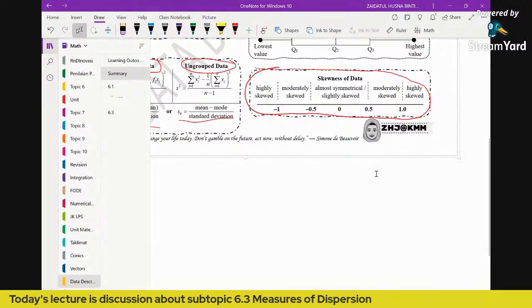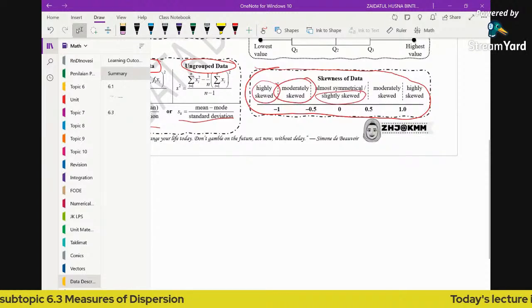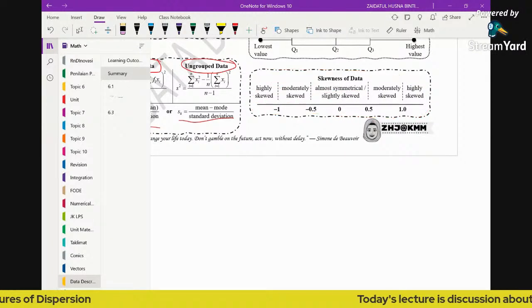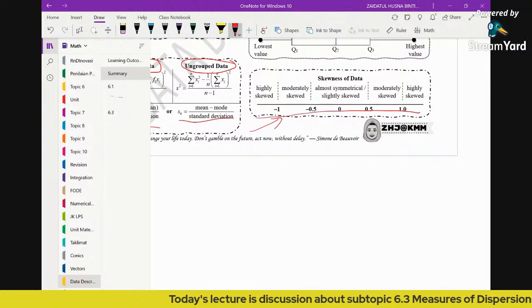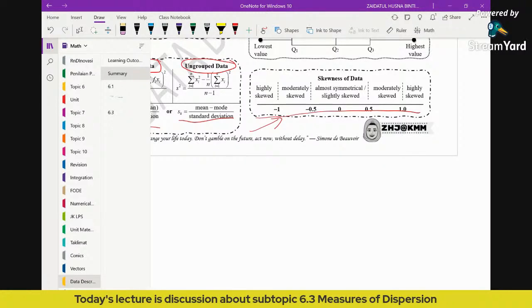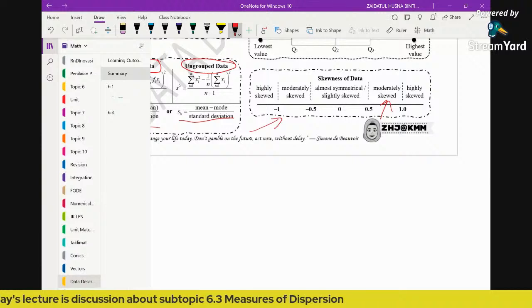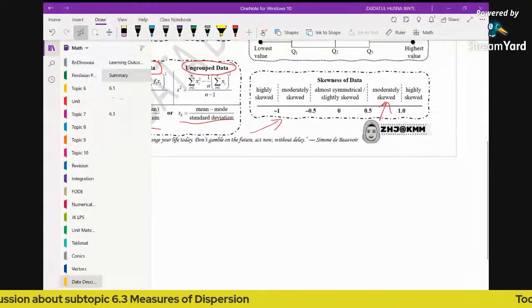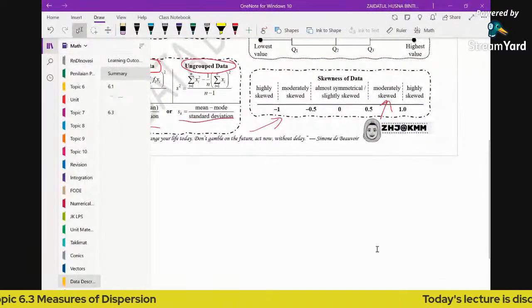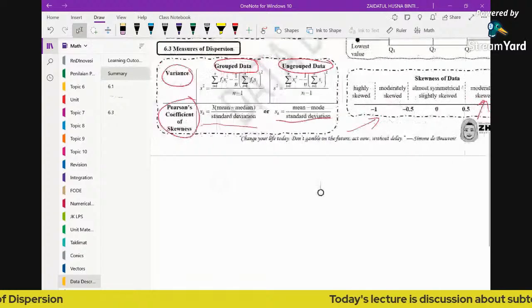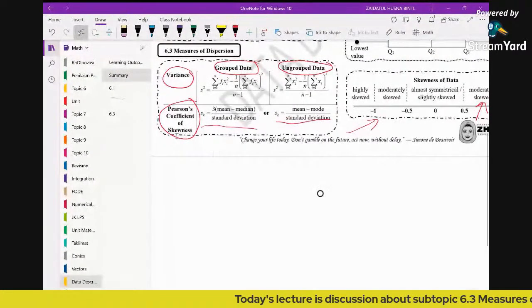Now how do we identify whether it's highly skewed, moderately skewed or slightly skewed? It depends on the range here, so you can refer to this reading. If you have the value in between 0.5 and 1, you can comment that the data is moderately skewed to the right. So this is basically the summary of what we have covered for today.